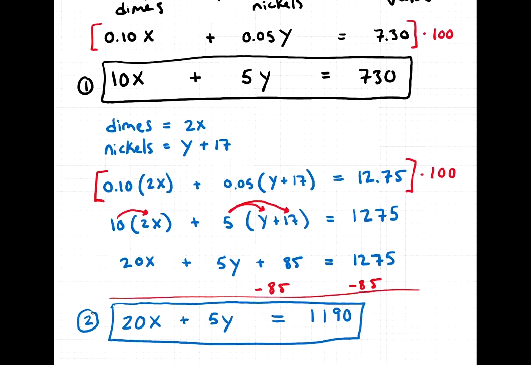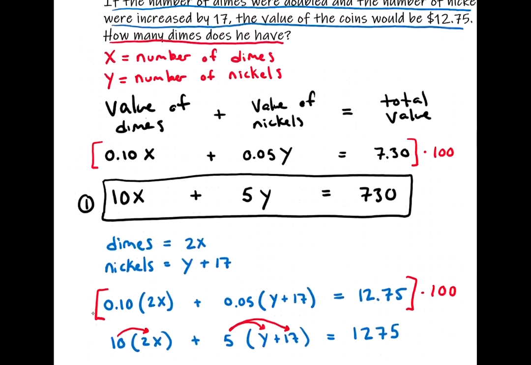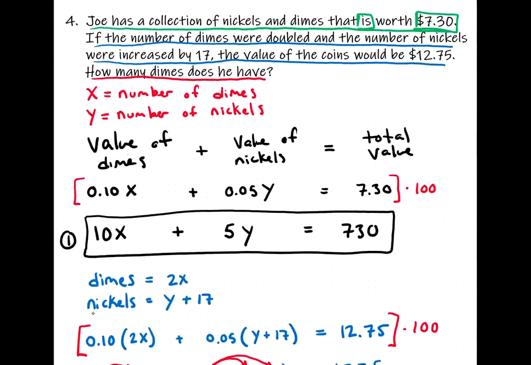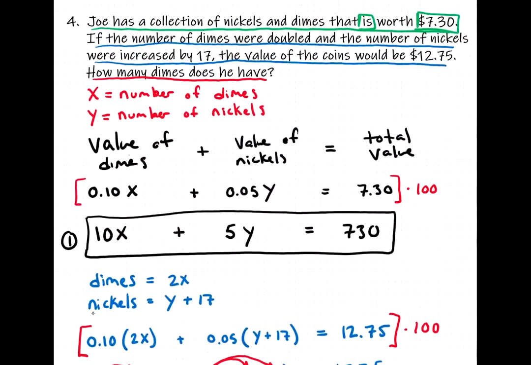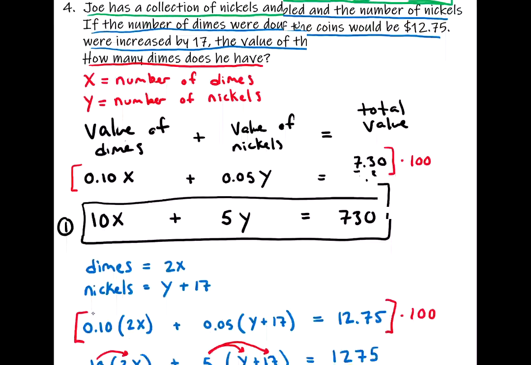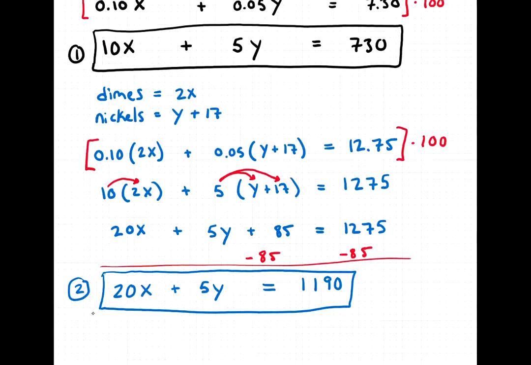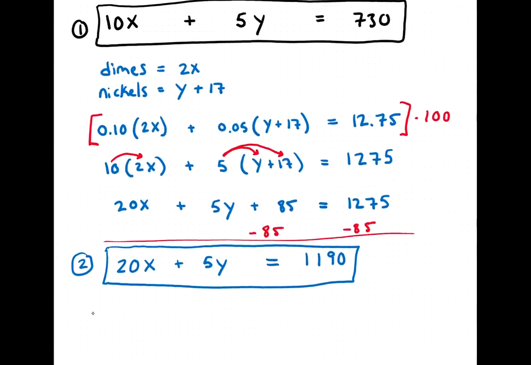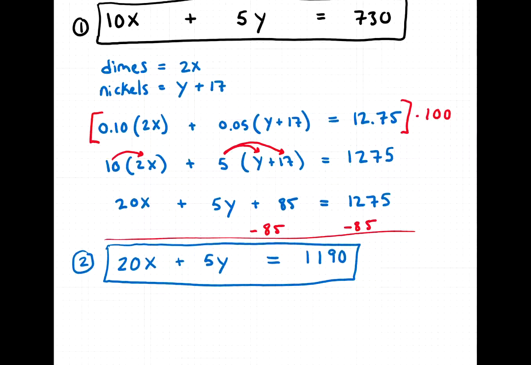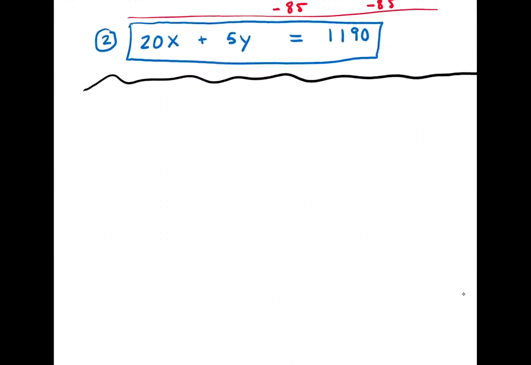All right, so now it's no longer really a word problem. We've taken the words and translated them to these two equations. So now we have this system of equations, equation 1 and equation 2. Okay, so now let's go ahead and solve this system of equations. So let me just rewrite that system.